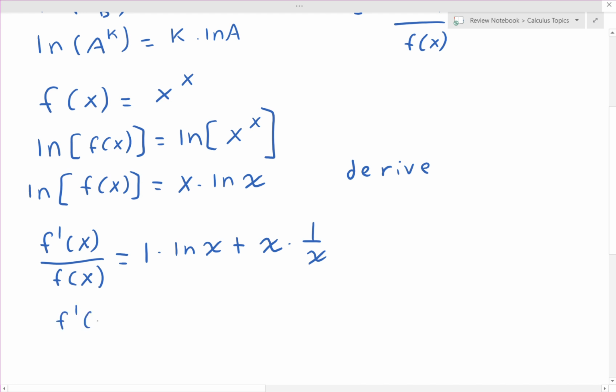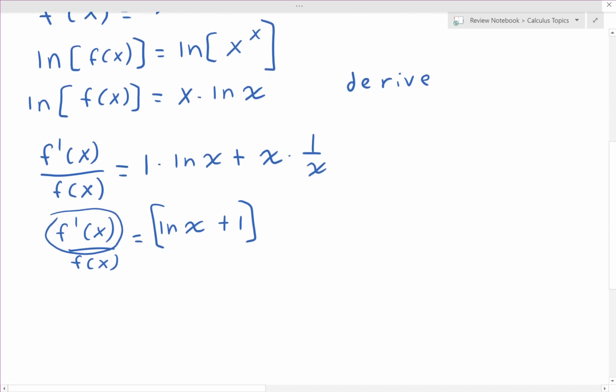So we know that simplifies to ln x plus 1. So we're solving for just the derivative, so we'll multiply by the denominator on both sides. So the derivative is ln x plus 1 times f of x.